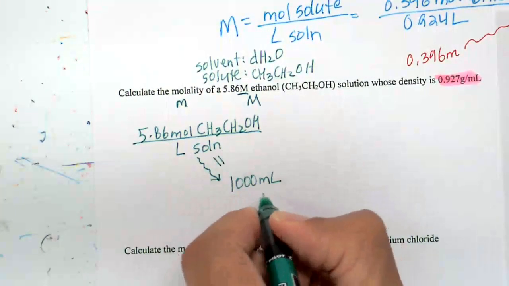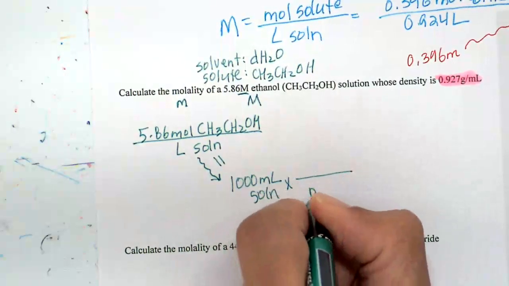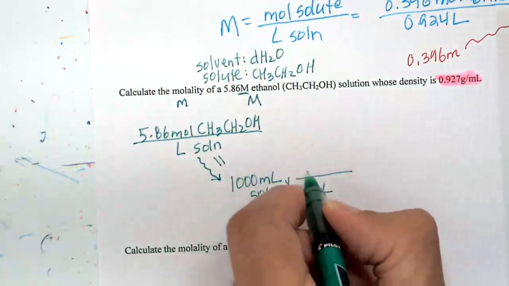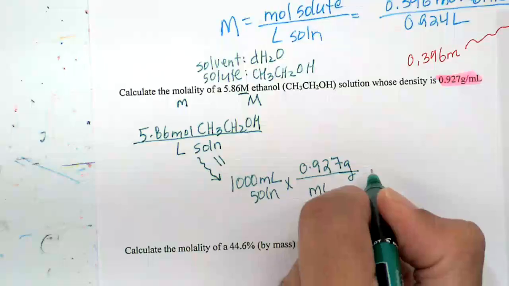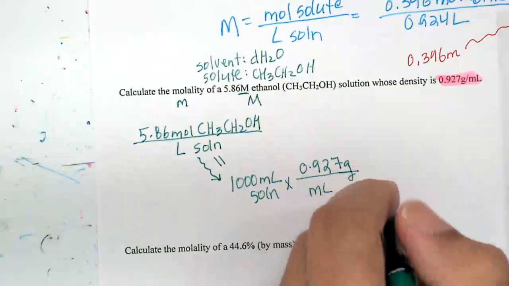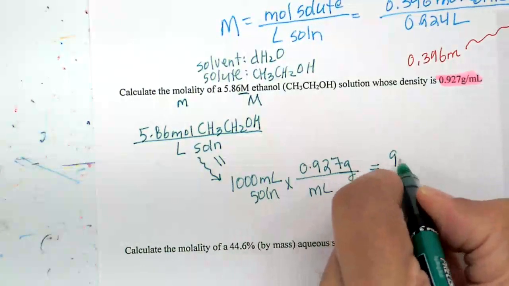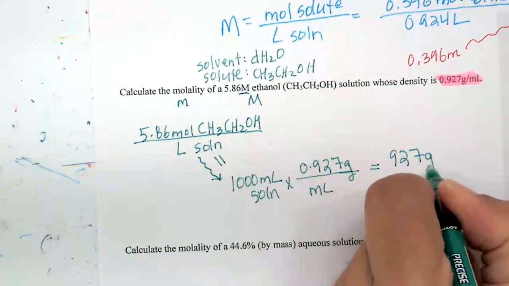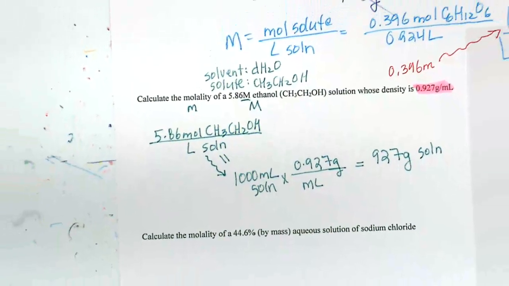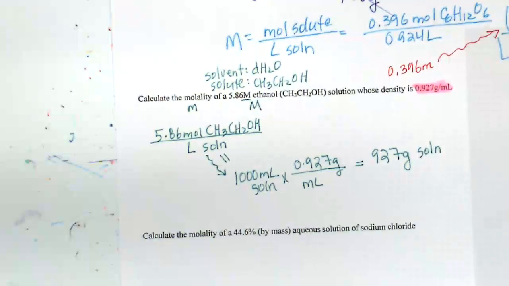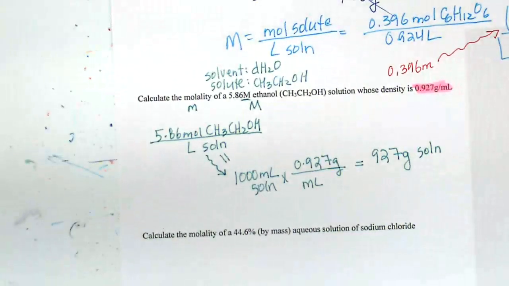So 1,000 milliliters of solution times, we'll put the milliliters in the denominator, 0.927 grams. And this is going to be the grams of solution, which is 927 grams of solution. So what do we know about a solution?